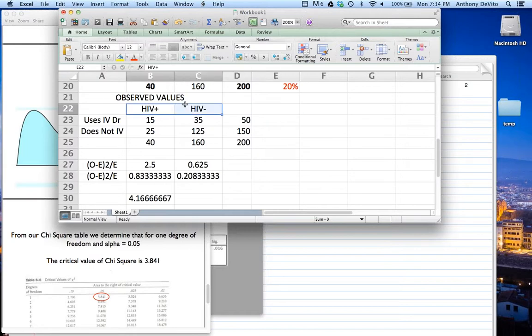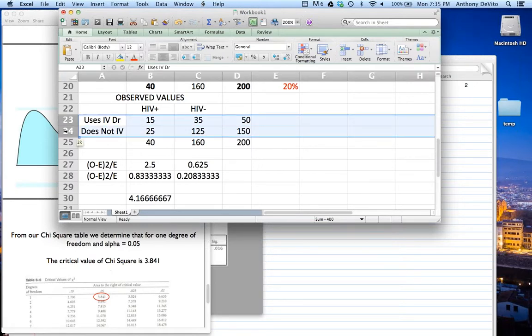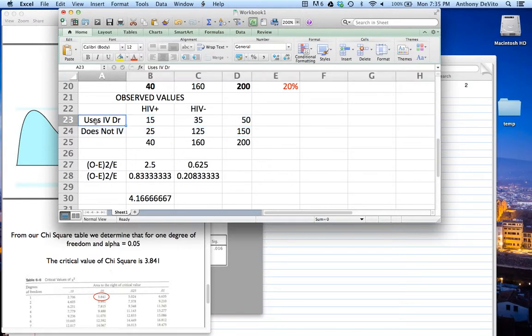Instead of a 2x2 table, it could be a 2x4 table or a 4x2 table. If we were comparing hair color versus HIV status, we could have red hair, brunettes, blondes, and so on. So we can have many possible values for the categorical variable hair color and two values for outcome. That would be a 4x2 table.